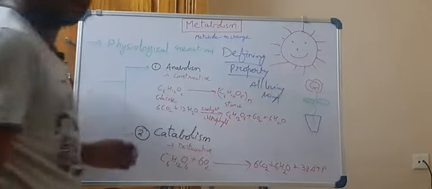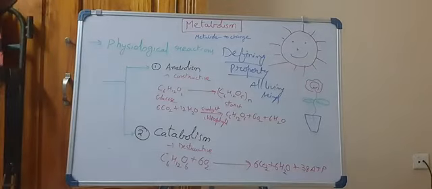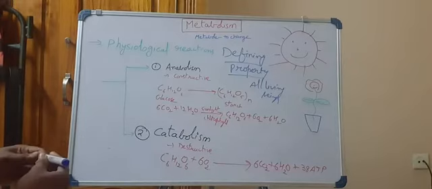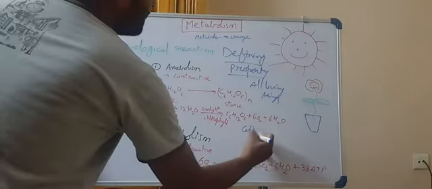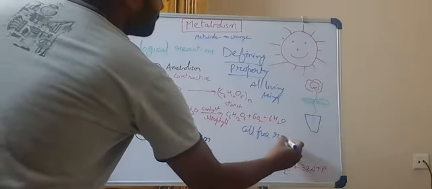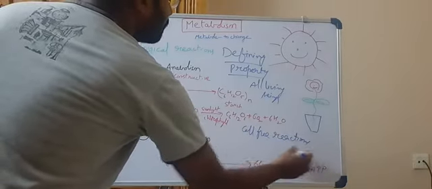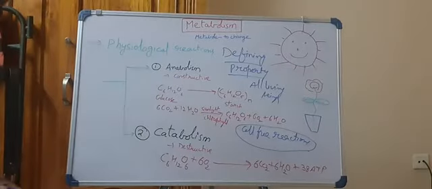Sir, do the reactions not happen outside the living body? Yes, of course, but those reactions which happen inside our body and the reactions which happen outside the body are different. I mean, same reactions may happen, but we call them cell-free reactions. The reactions which do not happen inside the cell are cell-free reactions.